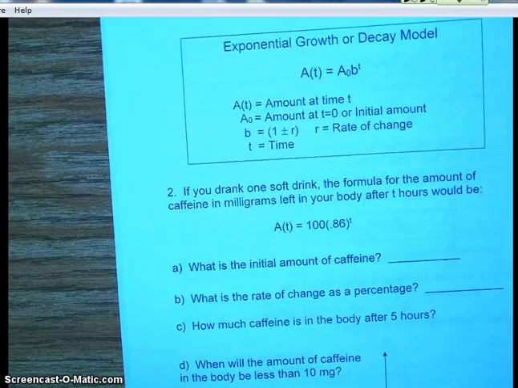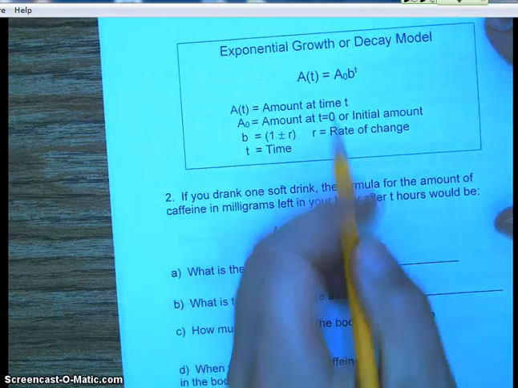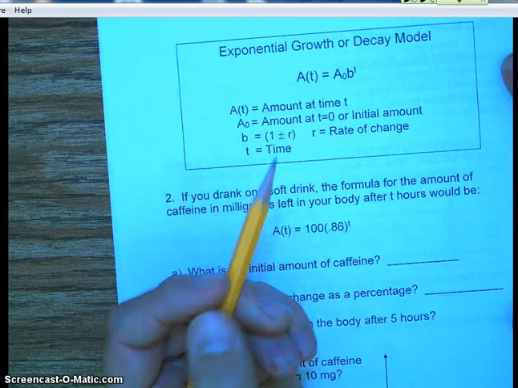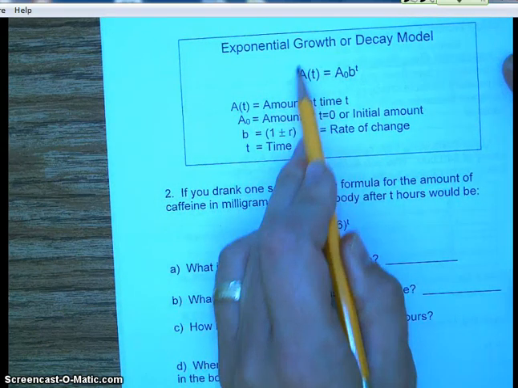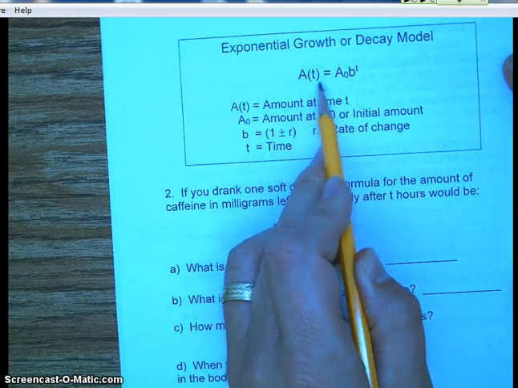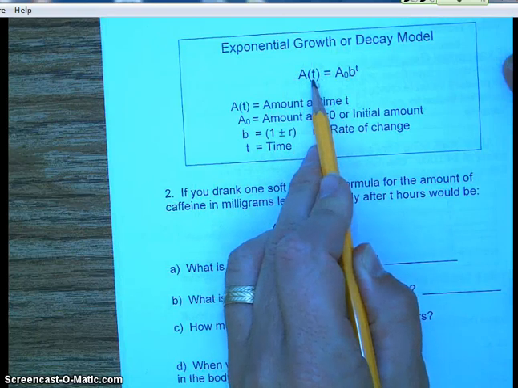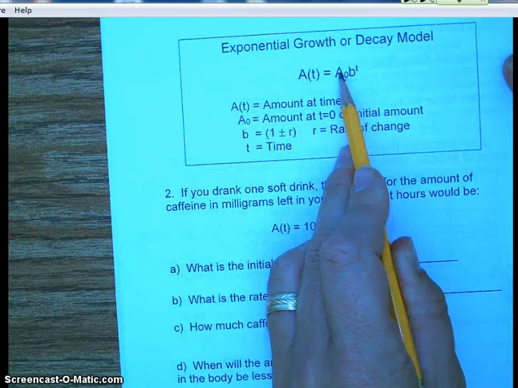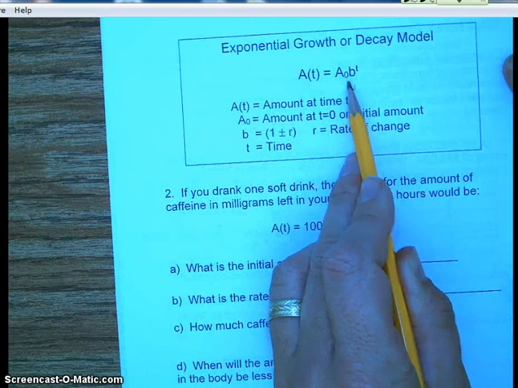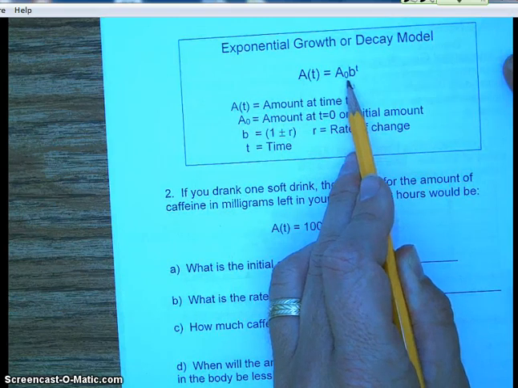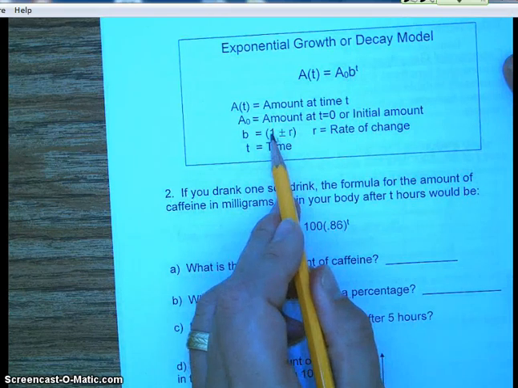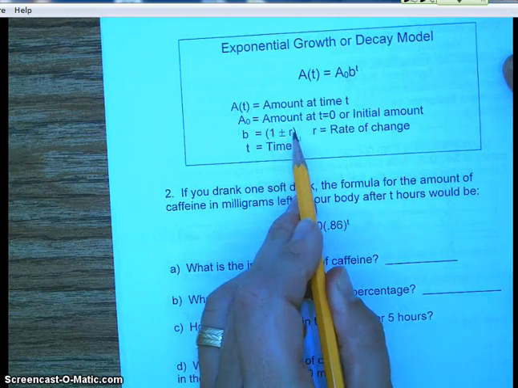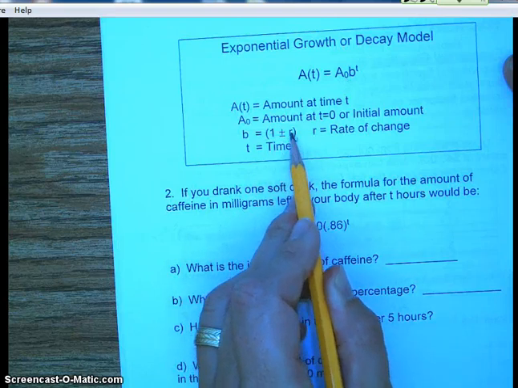All right, here's the model for exponential growth and decay. Again, we've talked about this already. This is going to represent your ending amount at time t. This is your initial amount. How much did we begin with when time is 0? Your base is going to be either a growth or a decay. It's a growth if it's 1 plus, like we just saw with Ashley, 1 plus 0.06.